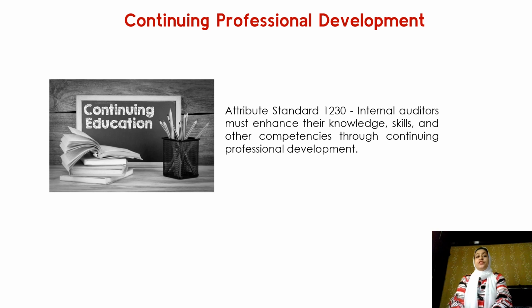Now come to the point, continuing professional development. Attribute Standard 1230 says that internal auditors must enhance their knowledge, skill and other competencies through continuing professional development. Each and every internal auditor is responsible for conforming with this standard. They need to obtain relevant education to maintain and enhance their proficiency. They need to stay abreast of recent developments in internal audit standards, techniques and tools, along with the IPPF.